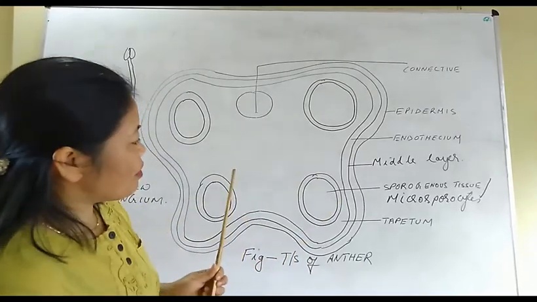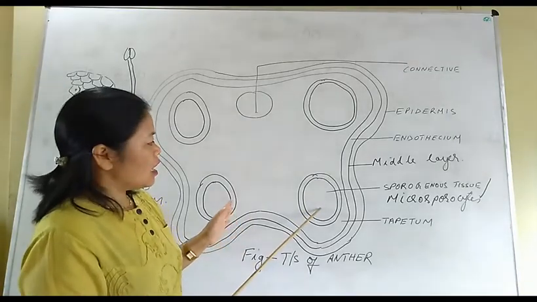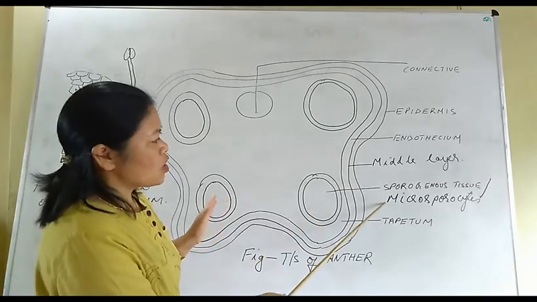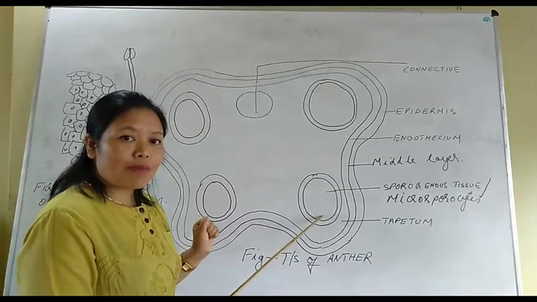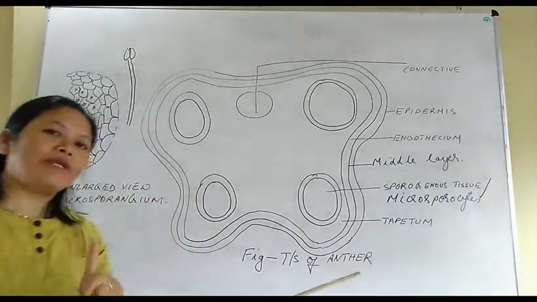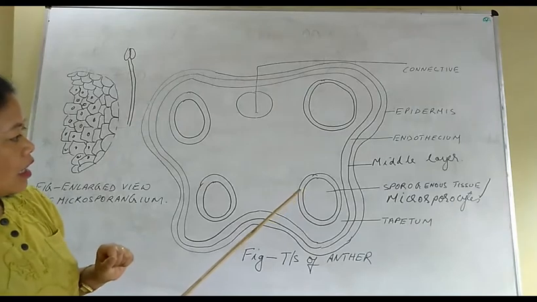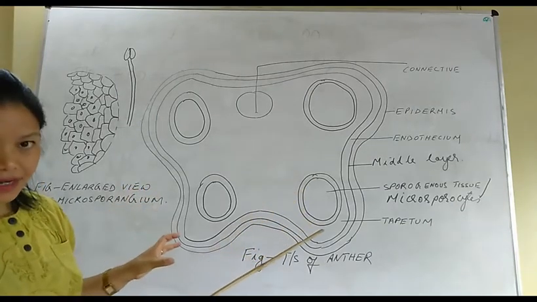So again I repeat, each microsporangium has compactly arranged microsporocytes or sporogenous tissue with abundant cytoplasm and one prominent nucleus. And so that is the structure of the anther.